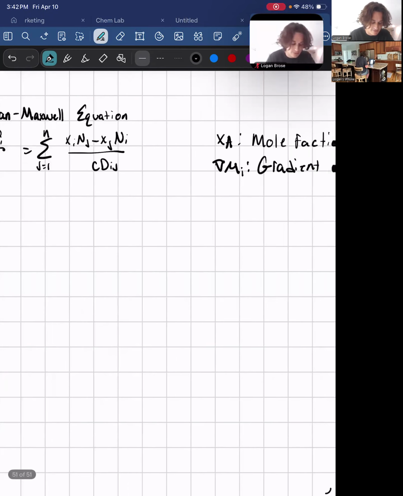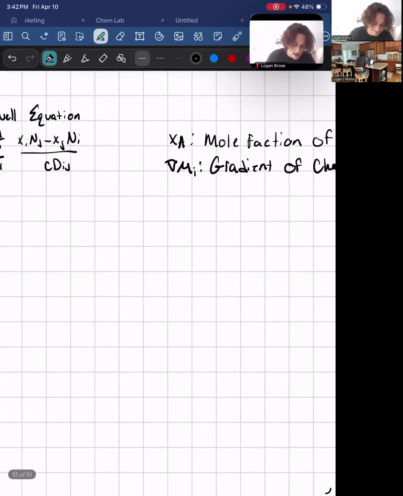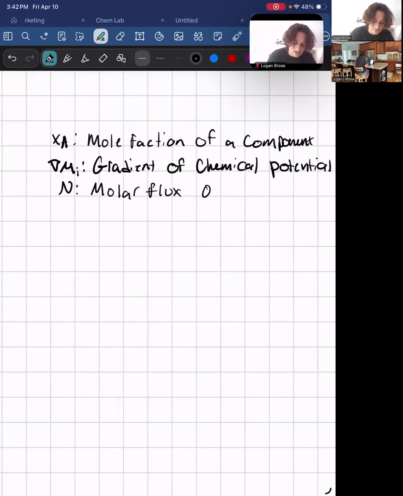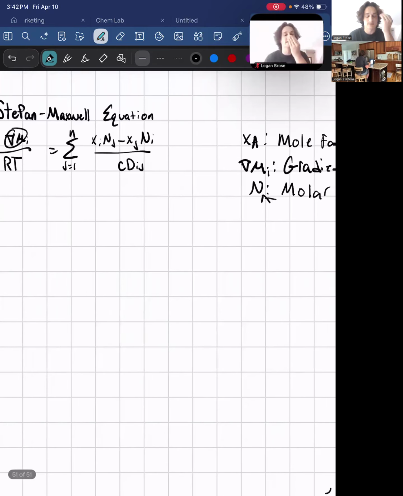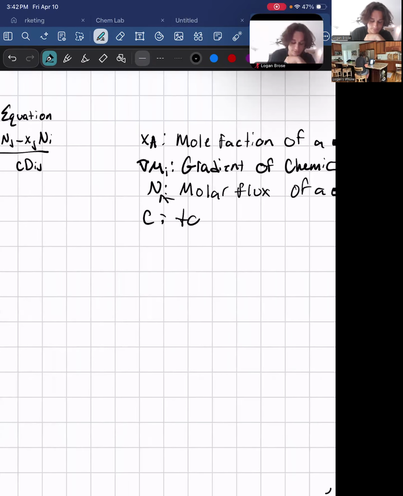Right, next we have our N. This is our molar flux of a component, right? So we have our i and our j, just like our x's there. Next we have our C. That's our total concentration.